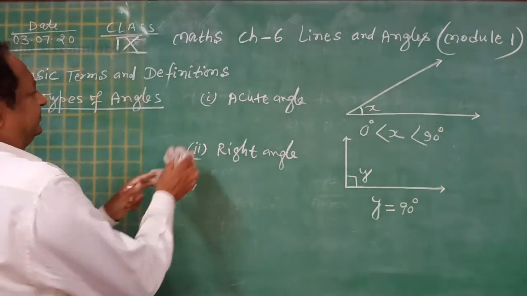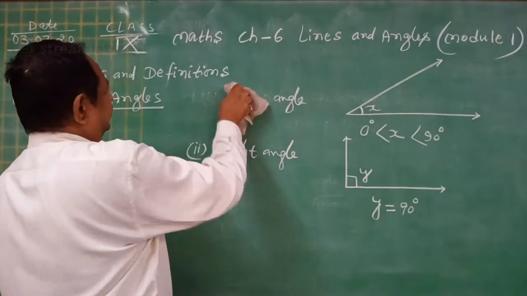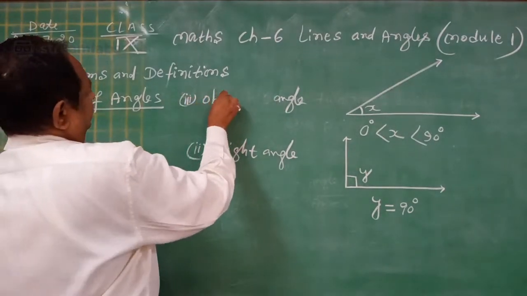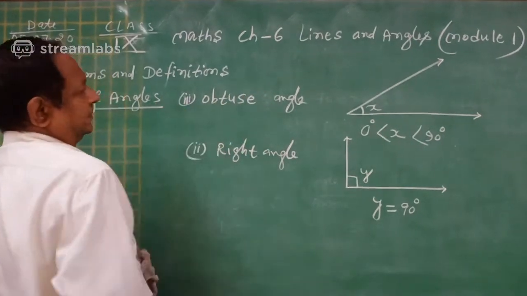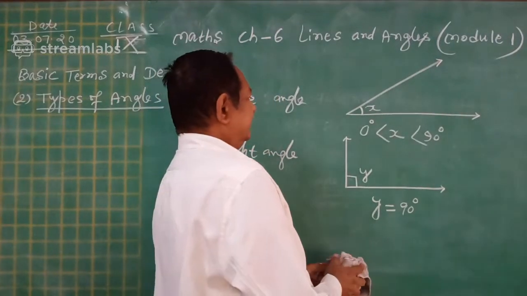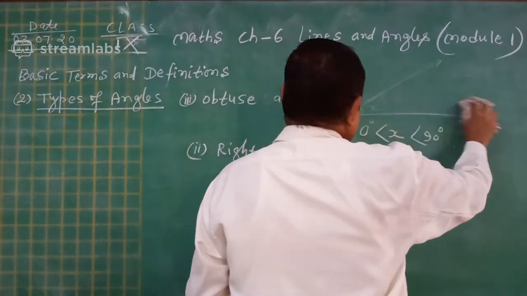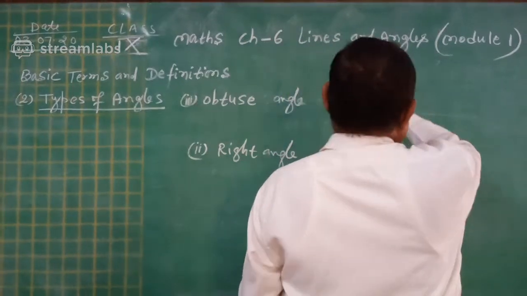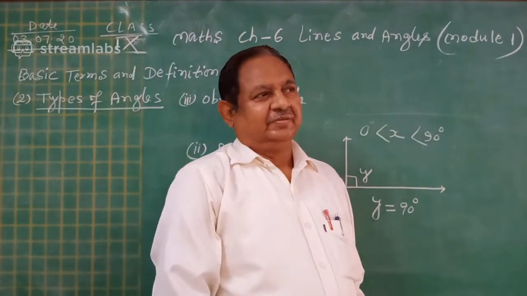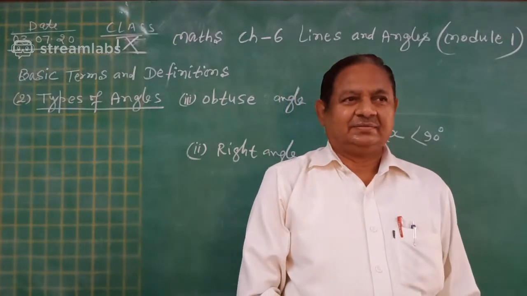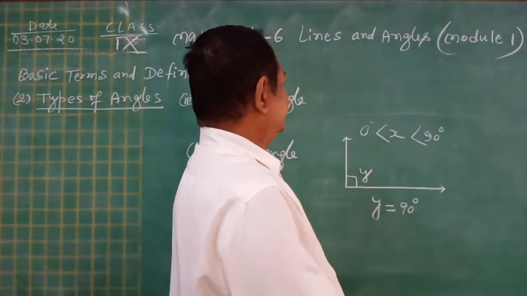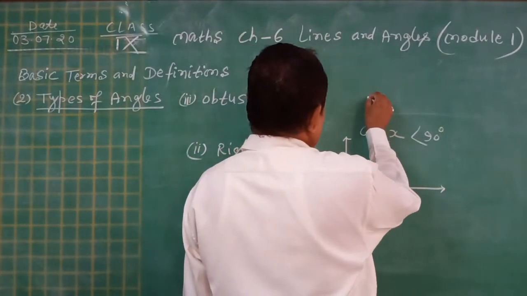Obtuse angle. When the measurement is greater than 90 degree but less than 180 degree, means the angle lying between 90 degree and 180 degree is called an obtuse angle.